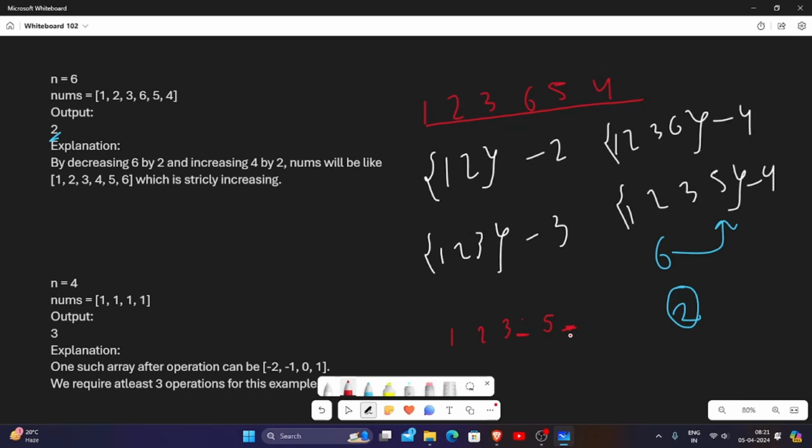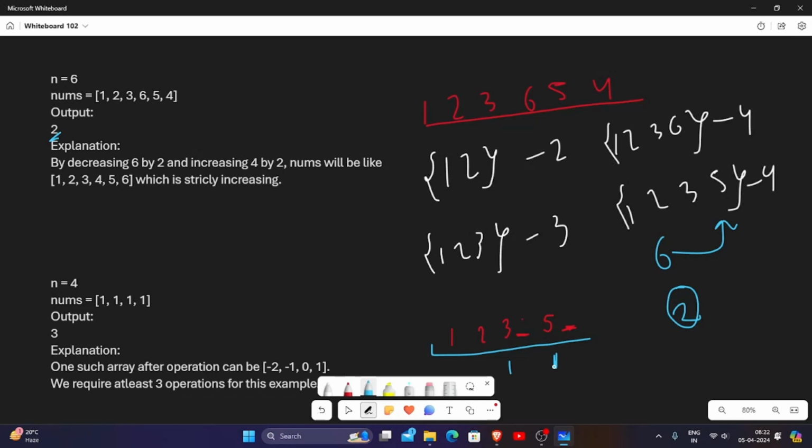That means I have to modify this element. If I have to make this element part of the increasing subsequence, this value should be in a range between these two bounds. It has to be between these two bounds.